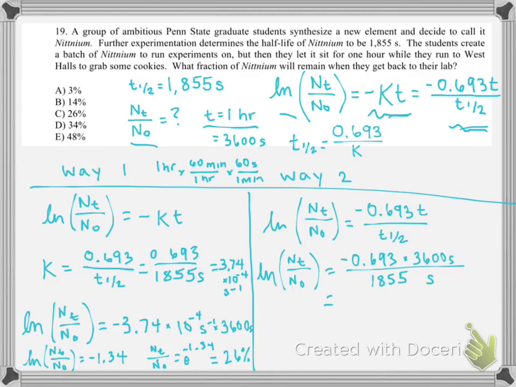And when you solve this, you'll again get the negative 1.34, and so you'll get NT over N naught still being equal to the exponential of negative 1.34, which is still 26%. So you can use either strategy. I just wanted to show that both are good, both are valid. The answer there is C.